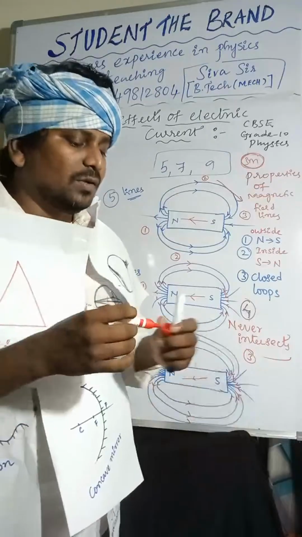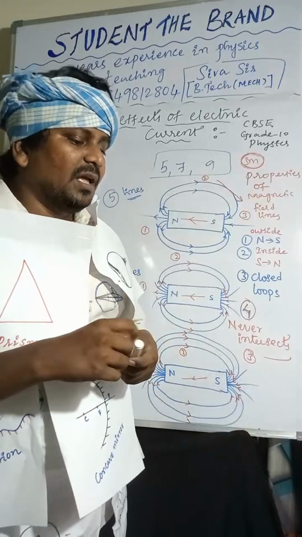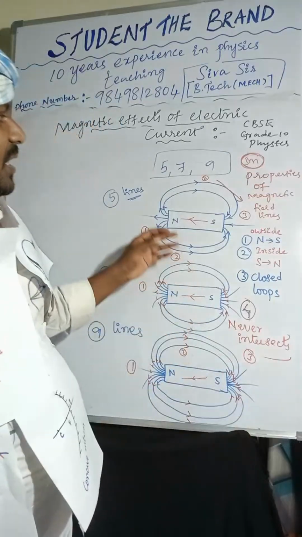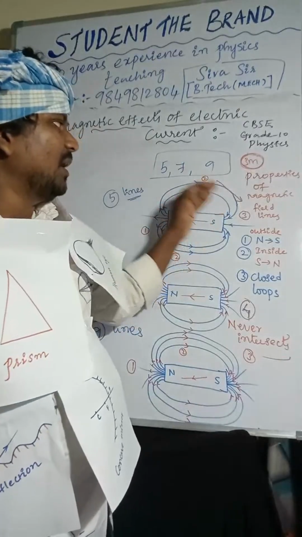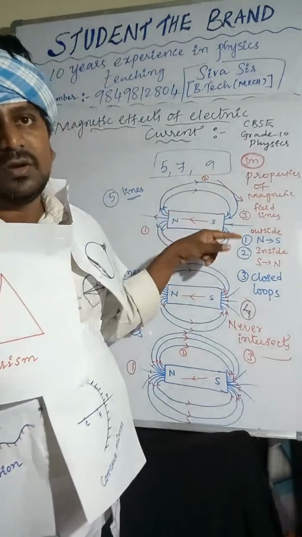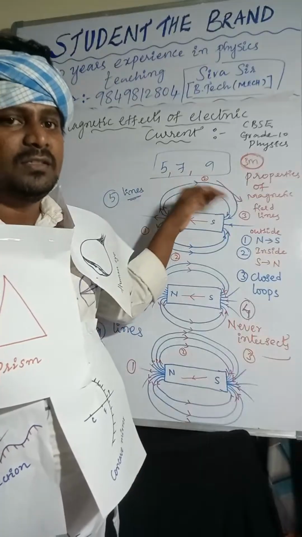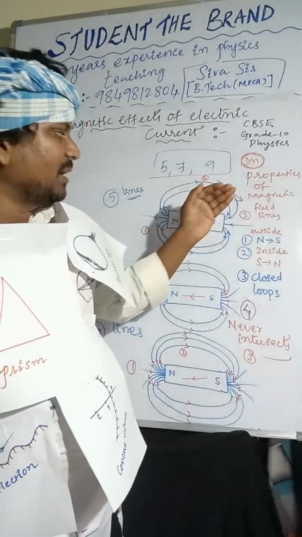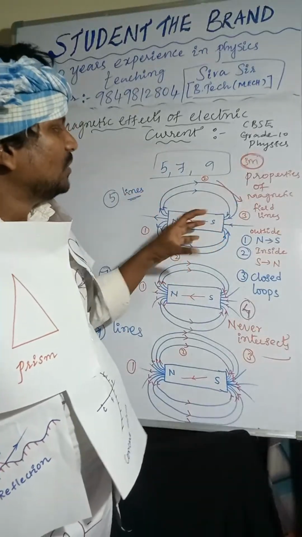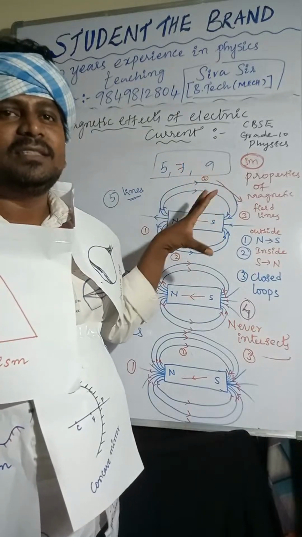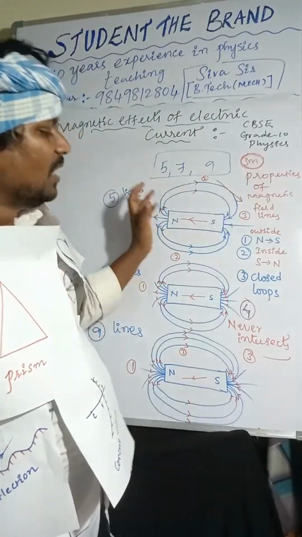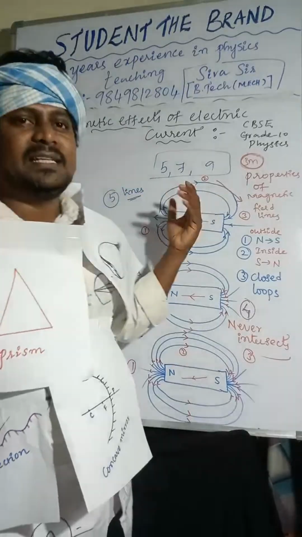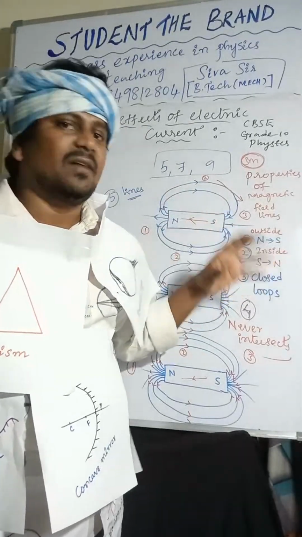I'm saying, once again I'll explain, so listen carefully. Outside of the bar magnet, the magnetic field is north to south. Inside of the bar magnet, the magnetic field is south to north. So these are closed loops. Magnetic field lines are closed loops. These field lines never intersect.